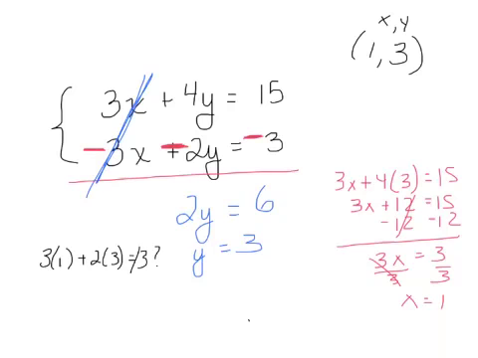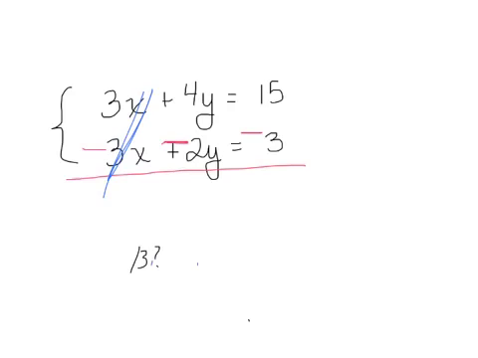So if I track this backwards, I'm going to erase a couple things here. Let's go back to this point. Where I made the mistake is that 4y minus 2y is 2y, but 15 minus 3 is going to give me 12. Divide by 2, divide by 2. I get a solution of y is equal to 6.